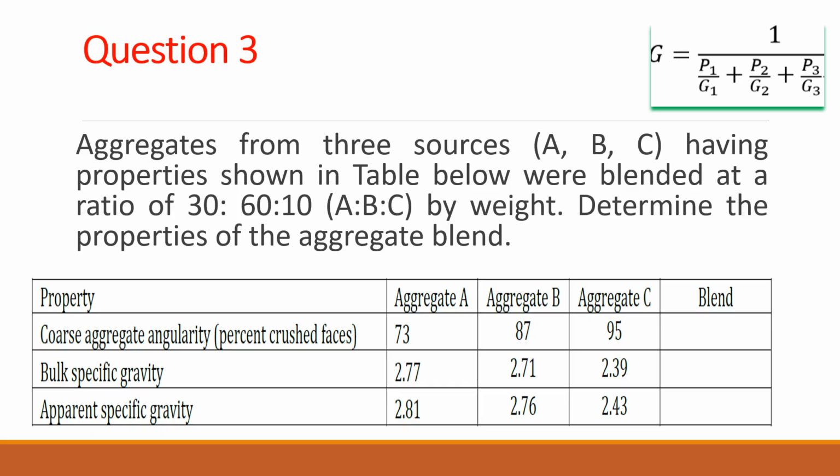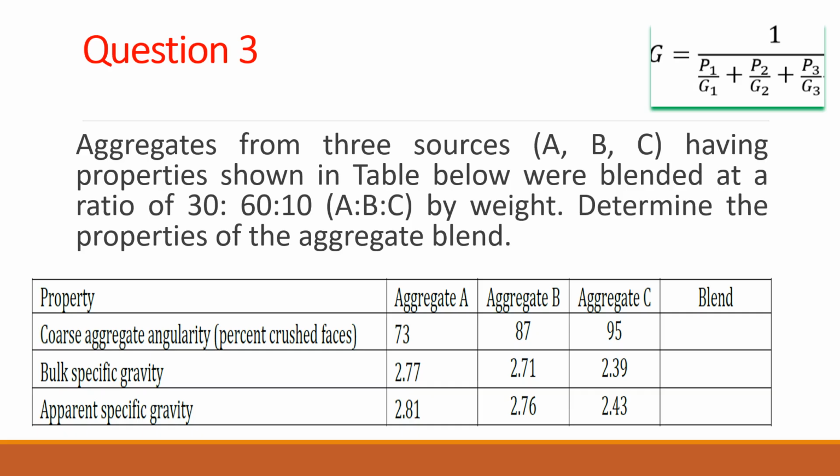Okay, question number 3. Aggregates from 3 sources, A, B, and C. Again, we have three types of aggregates having properties shown in the table below, blended at the ratio of 30 to 60 to 10 by weight. Determine the properties of the aggregate blend. So we have the angularity of A, B, and C. We don't have to blend them and check the angularity.